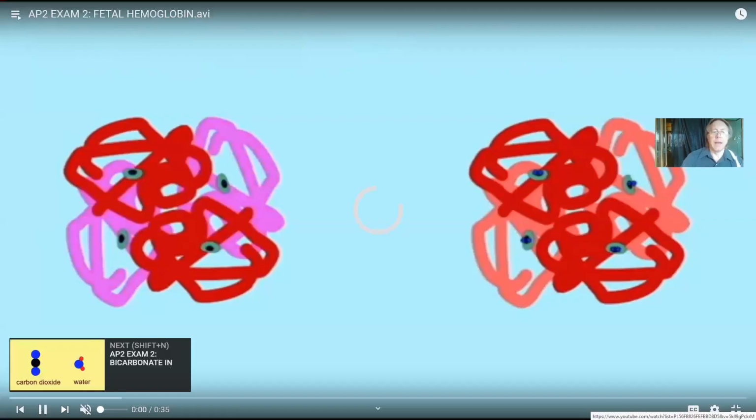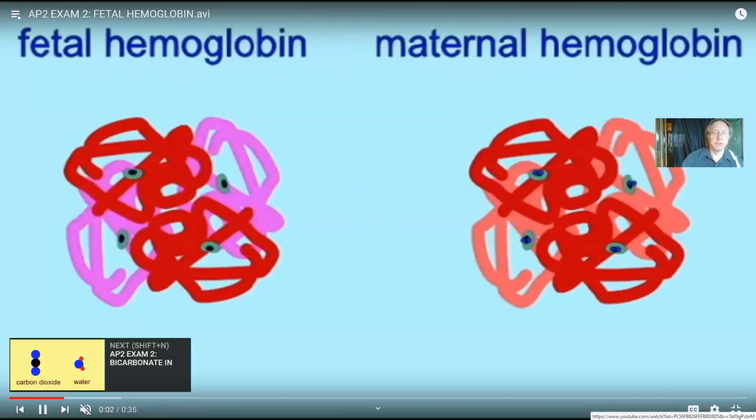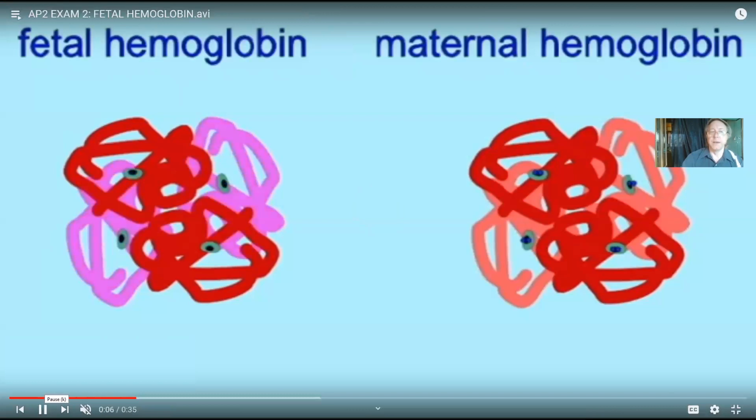Just a couple final points. As we will see when we talk about fetal development, fetuses have a bunch of challenges. One of them is that a mother's source of oxygen is her lungs, and the capillaries in her lungs are 100% saturated. A fetus's source of oxygen is the placenta.